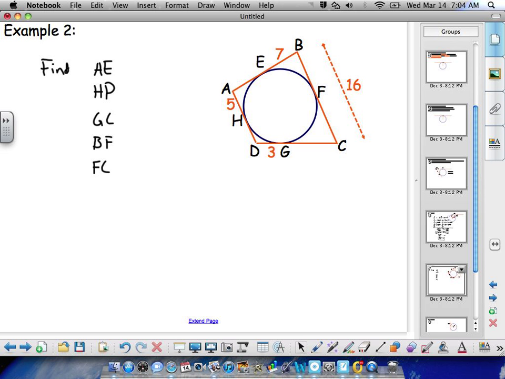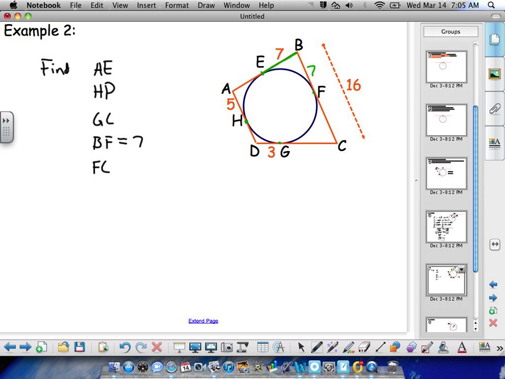First, let's look at BE. Well, if BE is 7, and we can assume all these points are tangents, then BF would also have to be equal to 7. So BF is equal to 7.